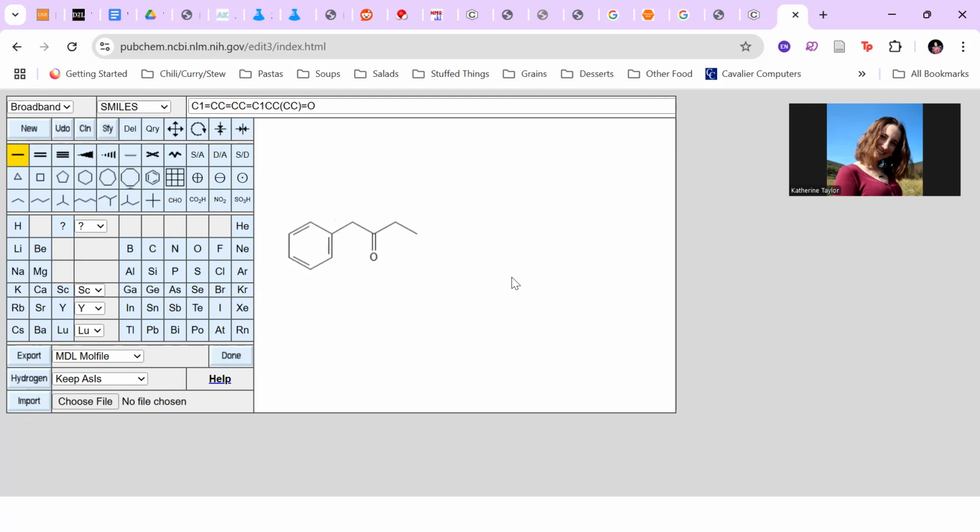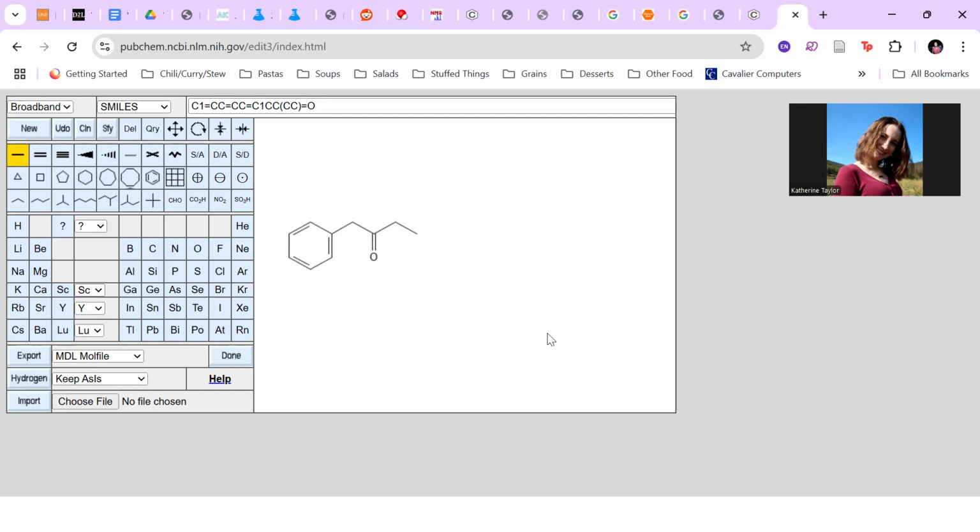So let's check this structure with our molecular formula and check it with some of the assumptions that we made based on our spectra and our sites of unsaturation. So checking the molecular formula first, we're supposed to have 10 carbons, so we have 6 in our phenyl group, and then we have 7, 8, 9, 10. So that checks out. In terms of hydrogens, we're supposed to have 12, so we'll have 5 in our phenyl group. Then we have 6, 7, 8, 9, 10, 11, 12. So that's great. That checks out. And then obviously we have our one oxygen.